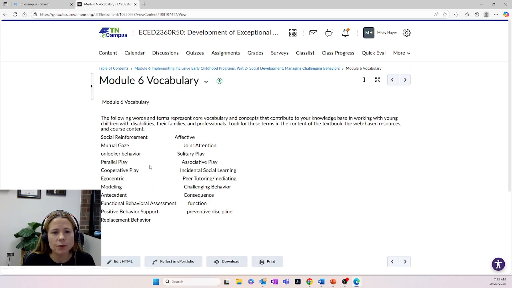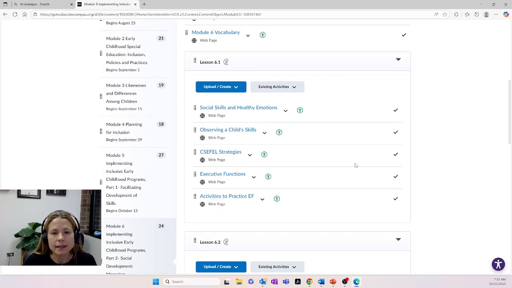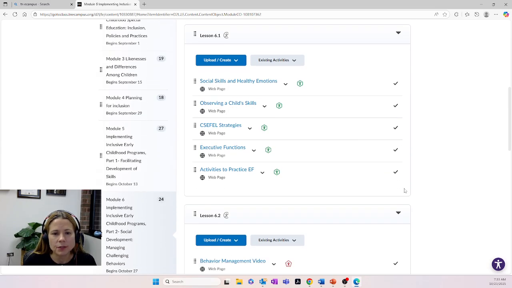Here's your vocabulary that you will be seeing throughout the text chapters as well as our modules, lessons 1 and 2. So as always, you have 2 weeks to complete both lessons and read your chapters.